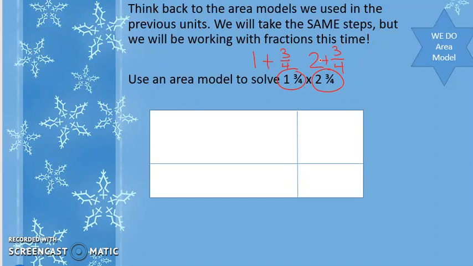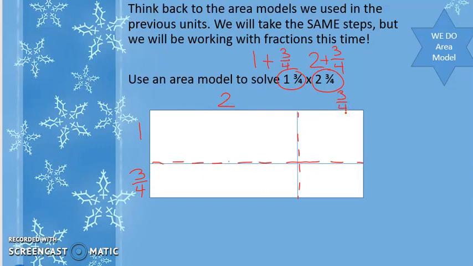Now I have the area model drawn for us, and technically they want these to be dashes because these are parts. And now we're going to place the 1 3/4 over here on this left side, and across the top we're going to place our 2 wholes and our 3/4.